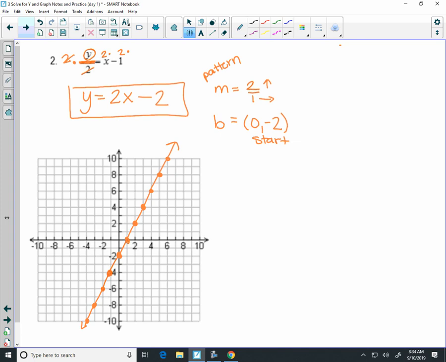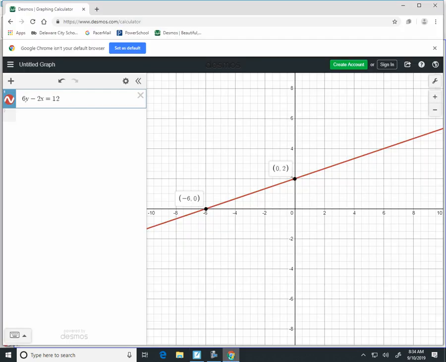So you just have to be really careful when you're solving or really careful when you're checking your work. One of those two. Again, I'm going to put that original equation into Desmos. y over 2 equals x minus 1.